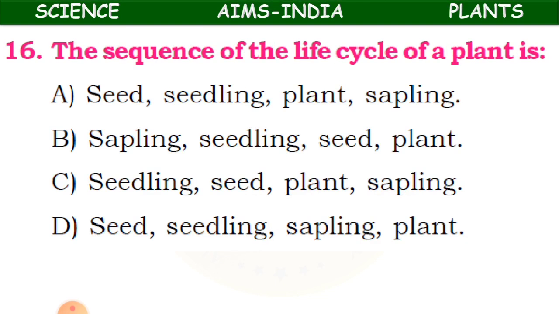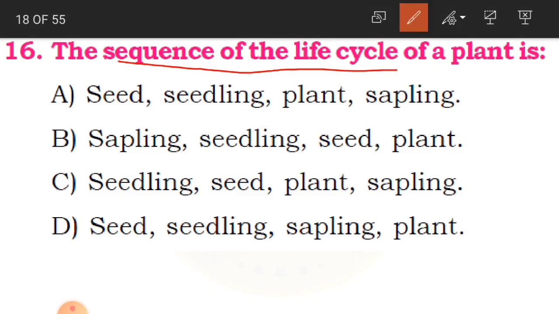Now to the 16th question. The sequence of the life cycle of a plant is. The order, like first how it is, next to what stage, next to what stage, like that we have to identify here.